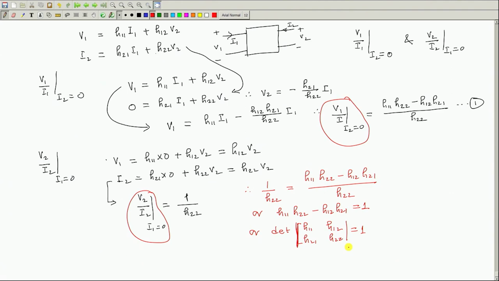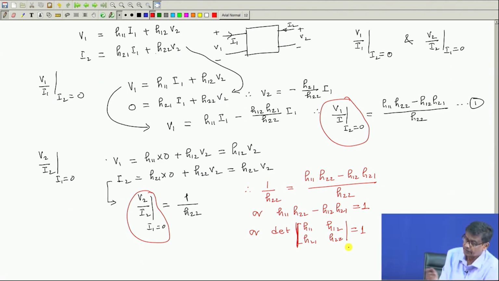Is that clear? Now, we will see what about ABCD parameters. What is the condition when the same two port network is expressed in terms of ABCD parameters, and that network is to be symmetric?